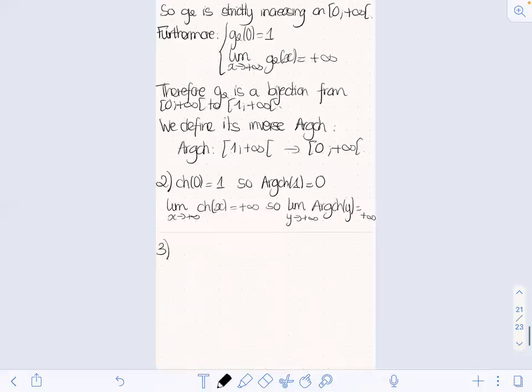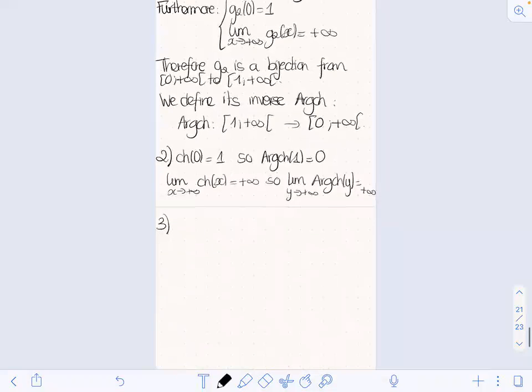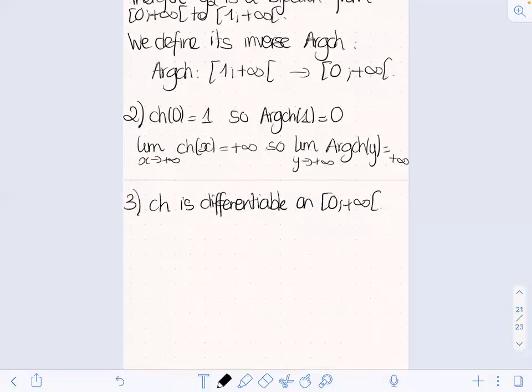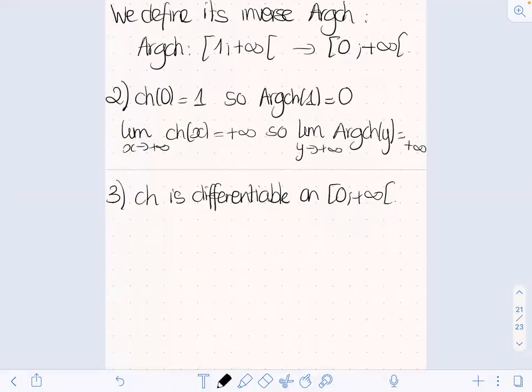Yeah, absolutely. So we know that ch is differentiable on 0 plus infinity.